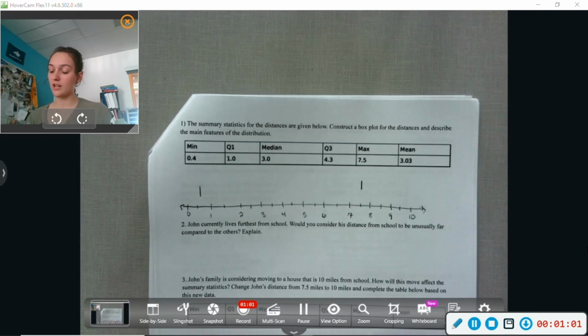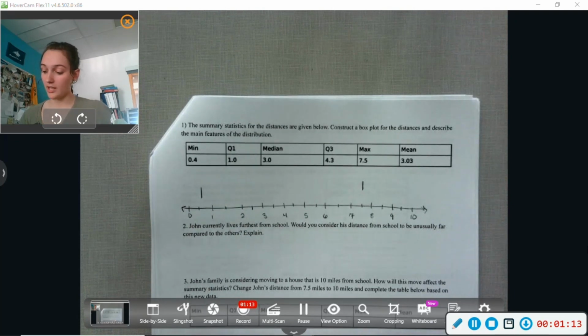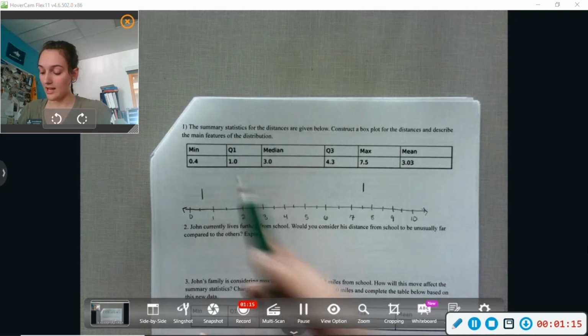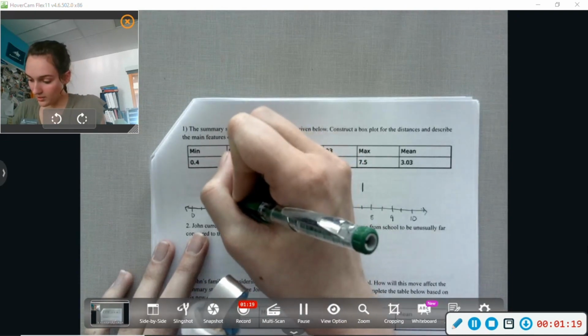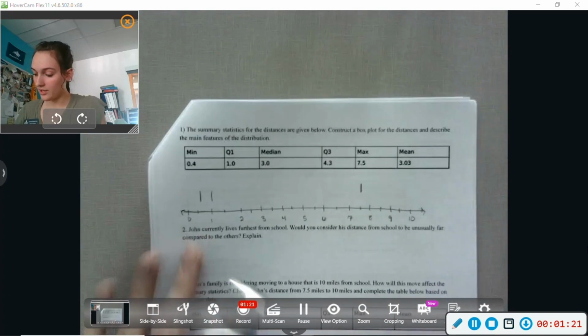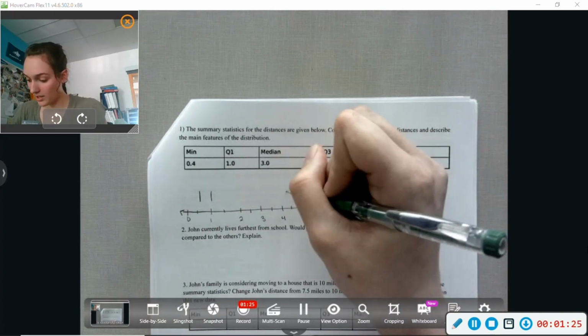Now I need to figure out how long I am going to make my whiskers, and I'm going to do that by drawing my interquartile range. Remember, the IQR is Q1 to Q3. They tell me my Q1 is at 1, so that is going to be right here, and it goes until Q3, which is 4.3, so that's going to be about right here.